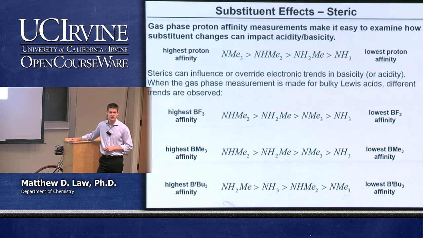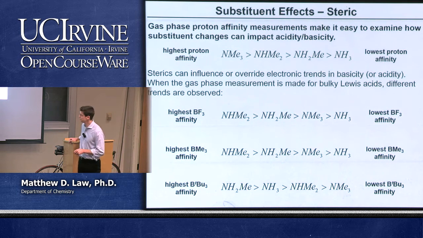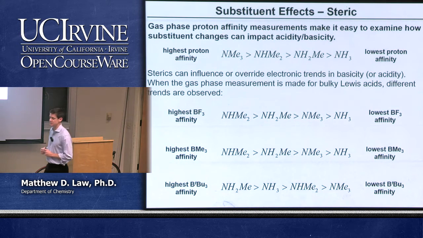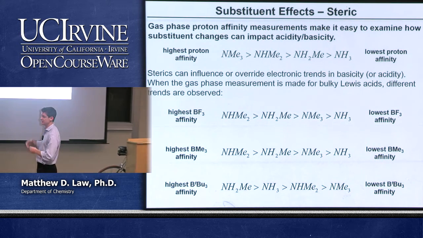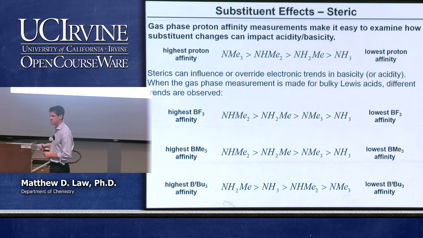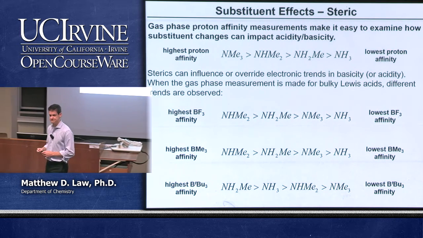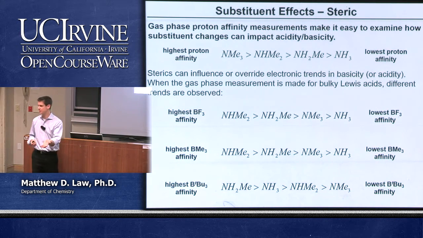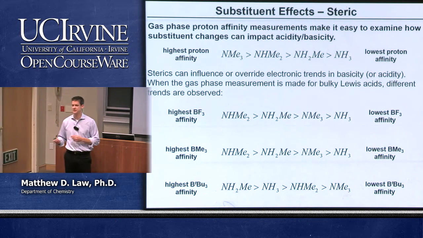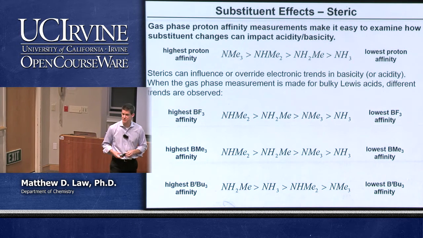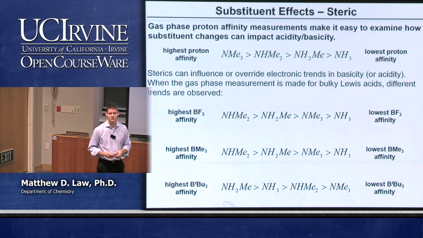And inductive effects are also present, so we have a little bit of inductive power from this methyl group being present. And so this might be the balance between inductive and steric effects that allows this particular base to be the most reactive with this bulky Lewis acid. So always we're going to have balances between electronic effects and steric effects in the gas phase even. And once we get into solution, then we also have interactions with solvation that further complicate the picture.